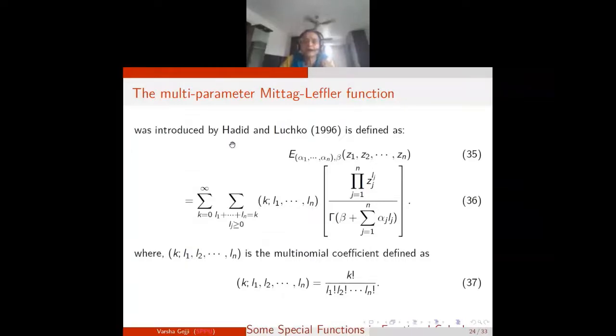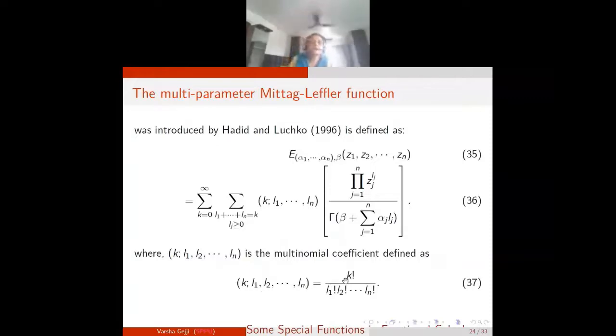This is another generalization introduced by Hadid and Luchko, the multi-parameter Mittag-Leffler function. So arguments are also z1, z2, zn, and these parameters are also alpha 1, alpha 2, alpha n, comma beta. This is the definition given in 36, where now binomial coefficients are replaced by multinomial coefficients given in 37.